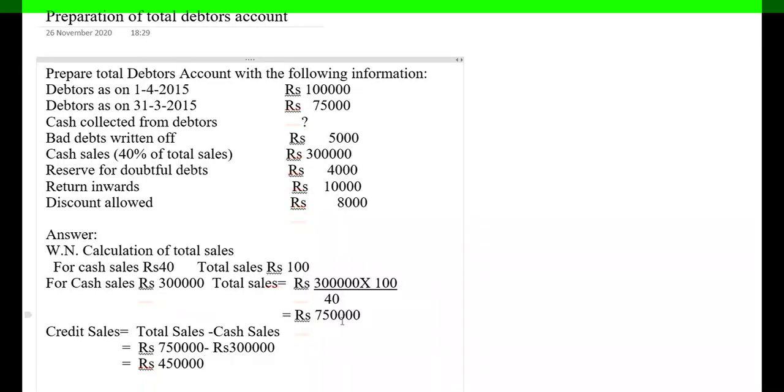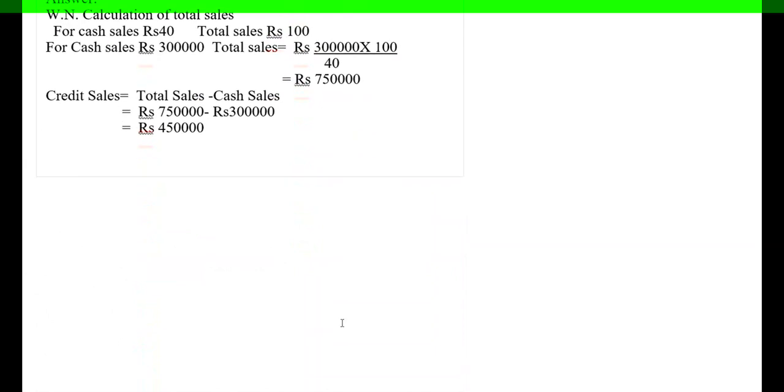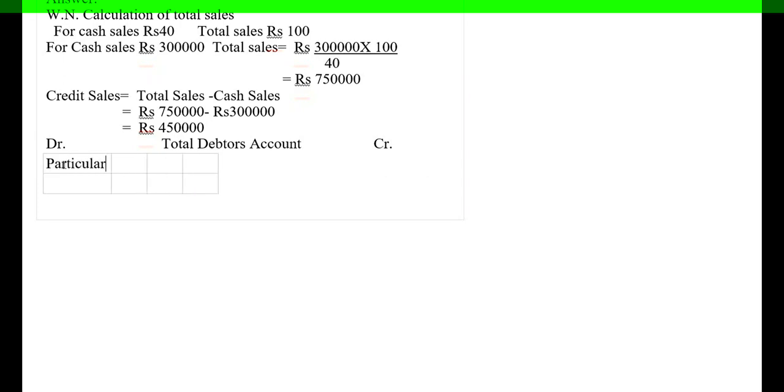So now we need to prepare the total debtors account. So debit here, total debtors account. So let me insert the table here. Particulars, amount in rupees, then particulars, amount in rupees.